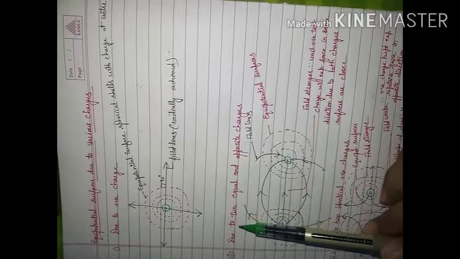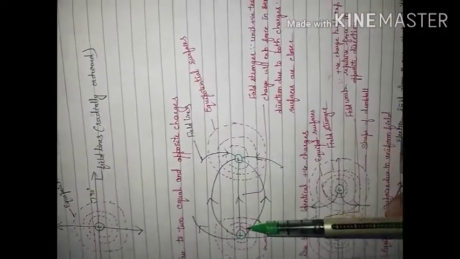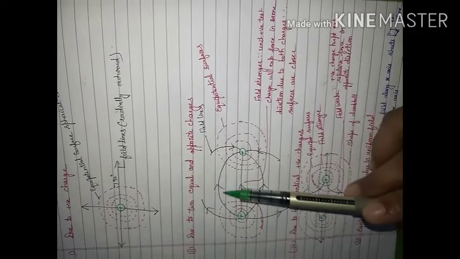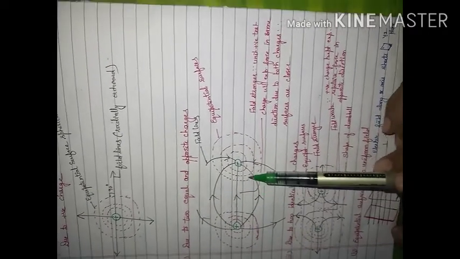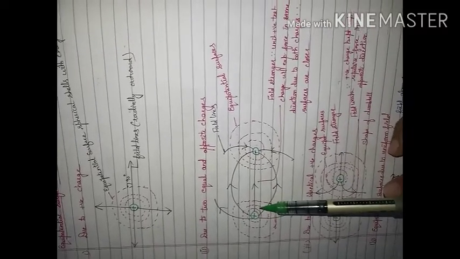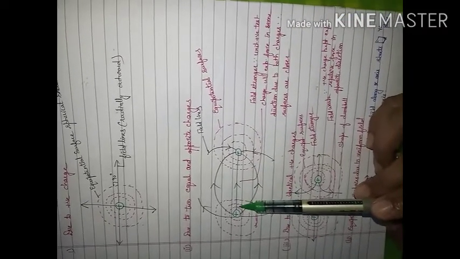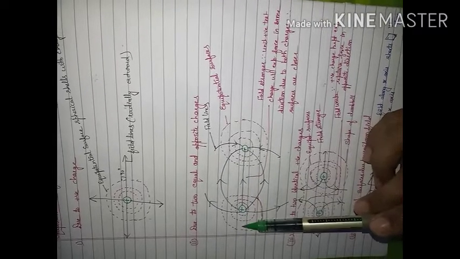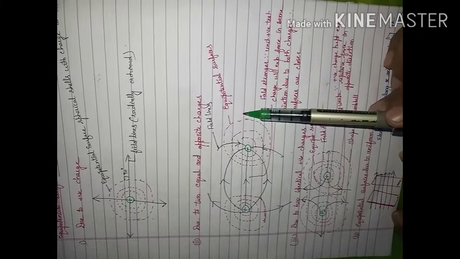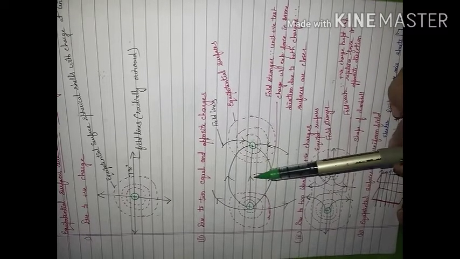If we consider two equal and opposite charges, then we have a system of dipole here. These are the field lines, which we have already done. The equipotential surfaces in between the two charges are closer, and on this side the separation is more, on this side also more. In between, equipotential surfaces are closer, meaning the field is stronger.